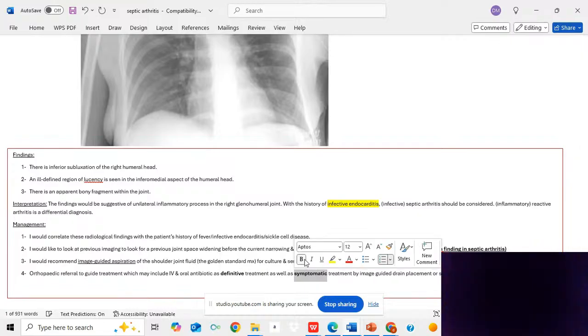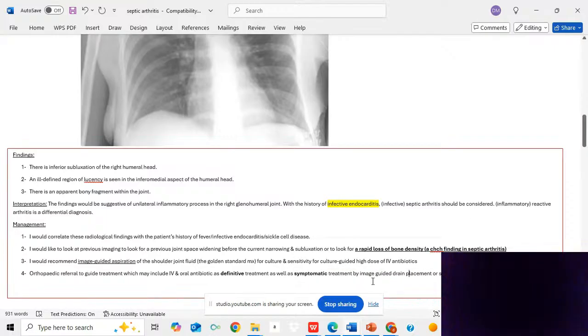So we have two types of treatment here: symptomatic treatment by image guided drain placement, or surgical drainage of the abscess. Okay, so if this patient is proved to have an abscess in his muscle, he needs the abscess to be drained either by image guided drain placement or surgical drainage of the abscess.